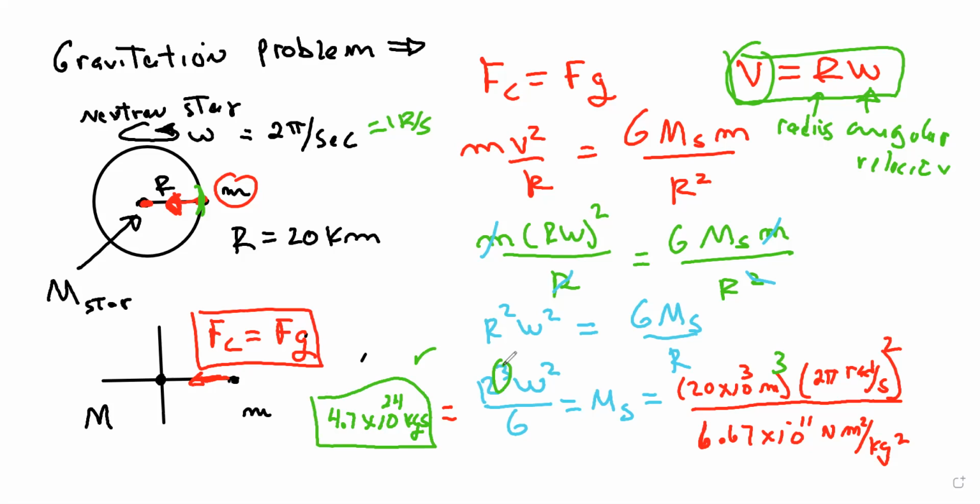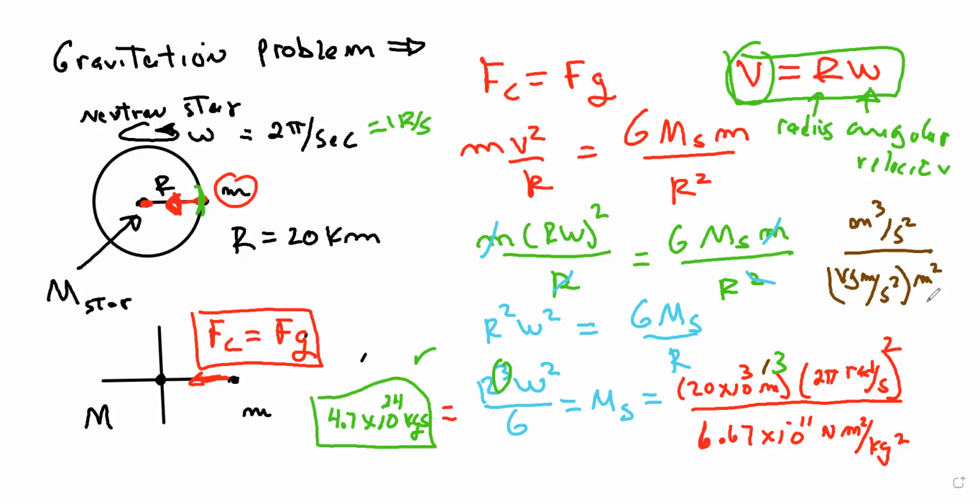If you check the units, they're going to check out. We have meters to the 3rd power, radians don't count, then seconds squared over Newton, which is kilogram meter over second squared, then meters squared, and kilograms squared over here.